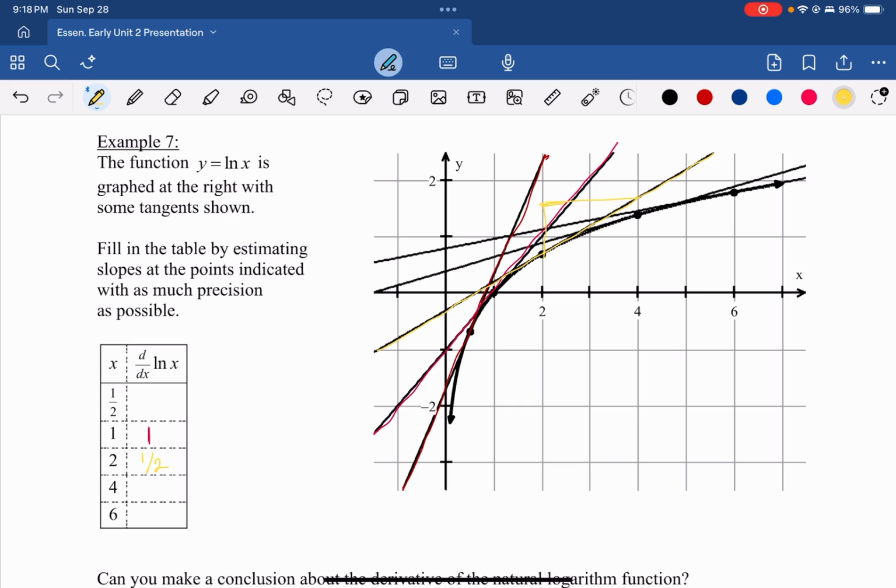So 1/2. Let's go back at that. There we go. At 1/2, that's my red line. Looks like I go up about 2.